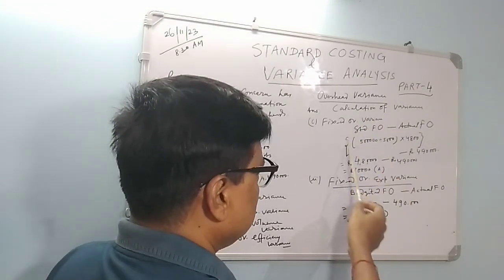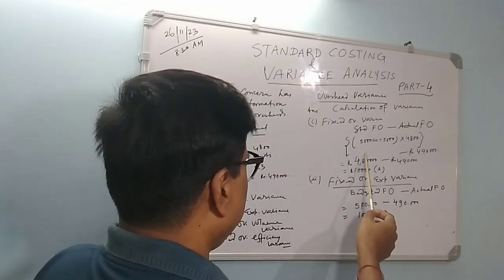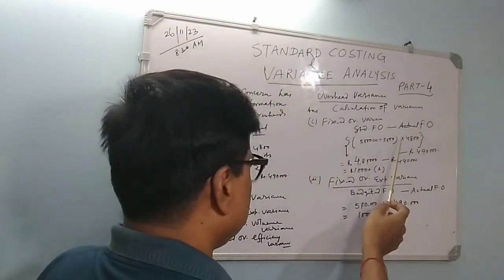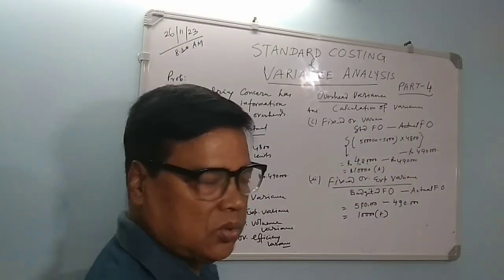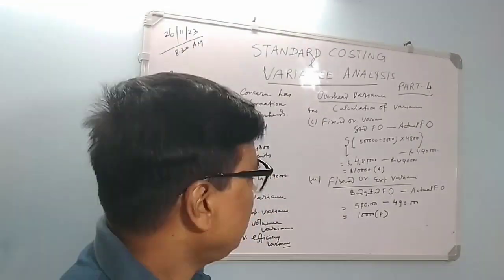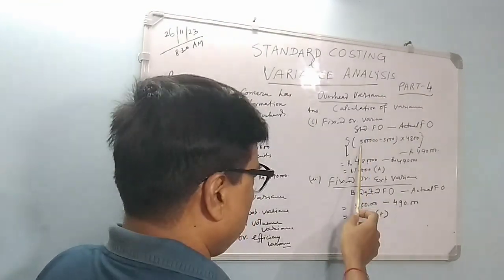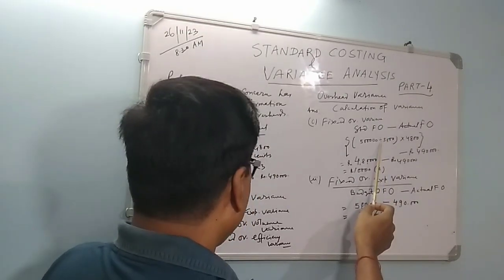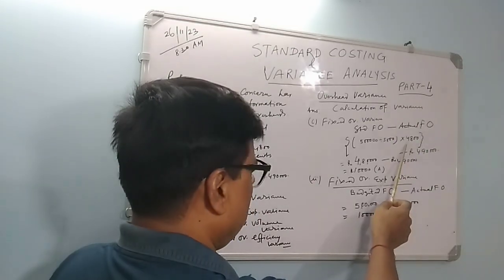So how will we calculate the standard fixed overhead? First of all you have to identify your standard fixed overhead: standard cost divided by standard units, into your actual units. Again, how will we calculate it? Total standard fixed overhead divided by standard output, into actual output.